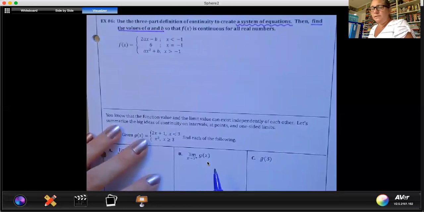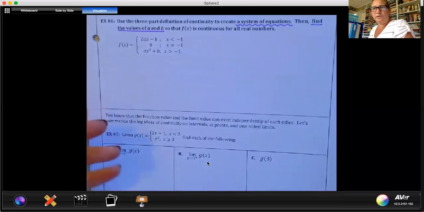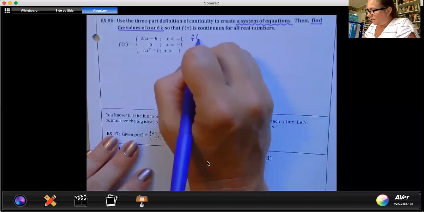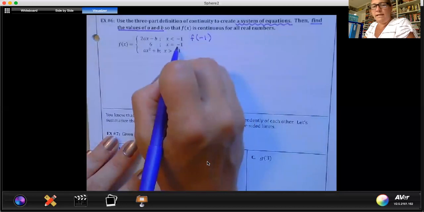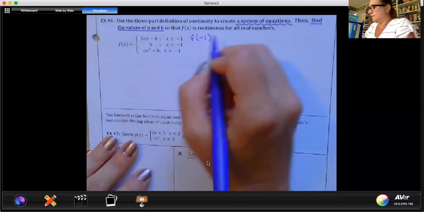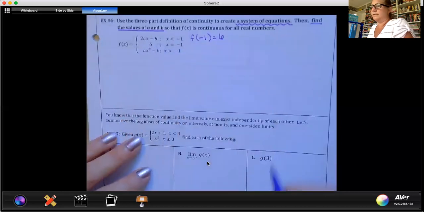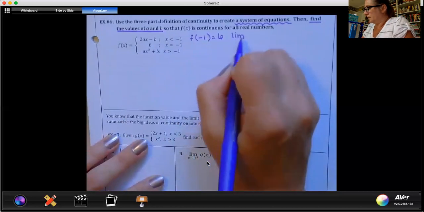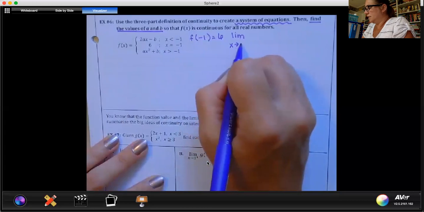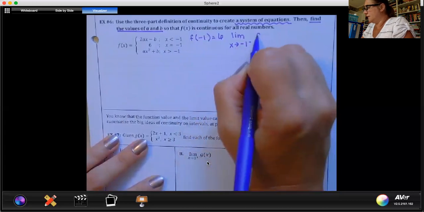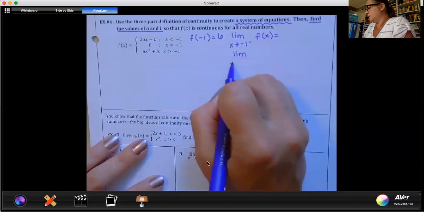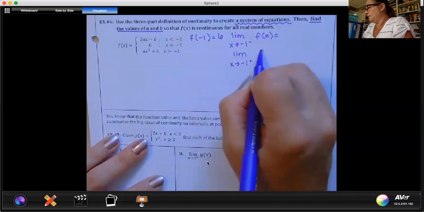All right, so 3-part definition of continuity means you also need a functional value. So let's look at f of -1. When x is equal to -1, the value is 6. So f of negative 1 is equal to 6. Set up your limit as x approaches negative 1 from the left of the function, and the limit as x approaches negative 1 from the right of the function.